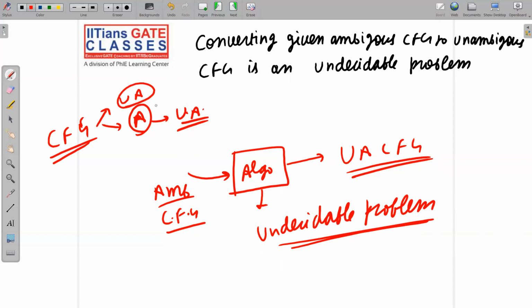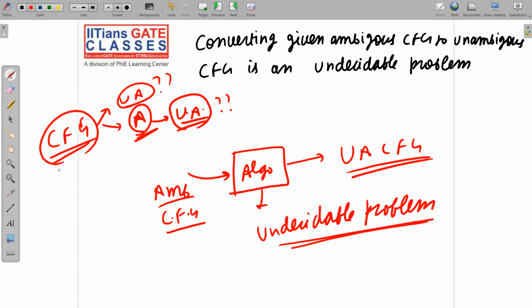Why is our main concentration on unambiguous grammars? Because they can be parsed by parsers. Ambiguous grammars cannot be parsed by parsers. Only one exception is the operator precedence parser, which can parse a few but not all ambiguous grammars. So that's why our main concentration is on unambiguous grammar. But the problem is we are not able to find whether the given context-free grammar is unambiguous or ambiguous. That is the main problem. So we are directly stuck here.